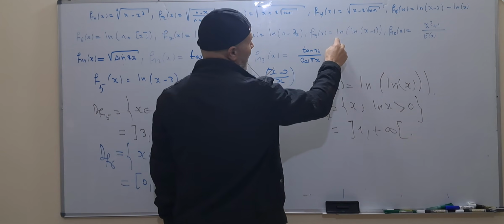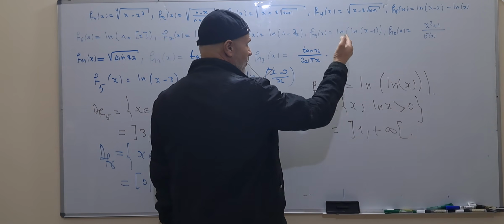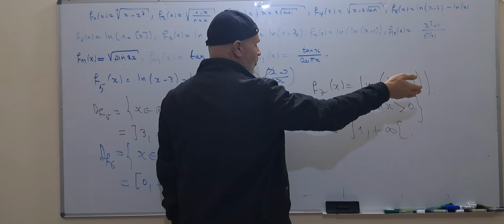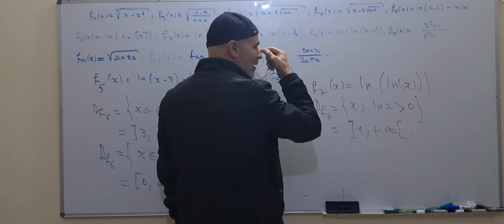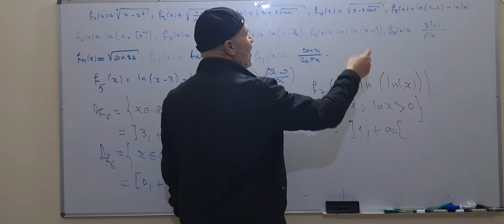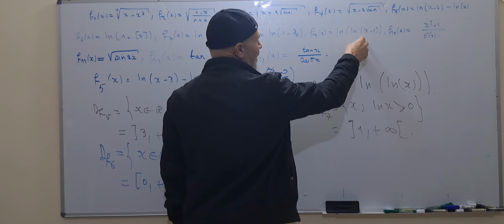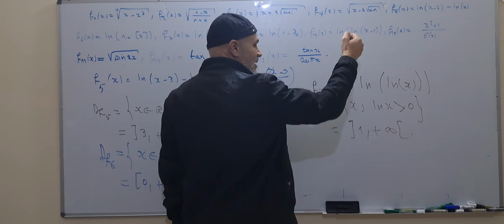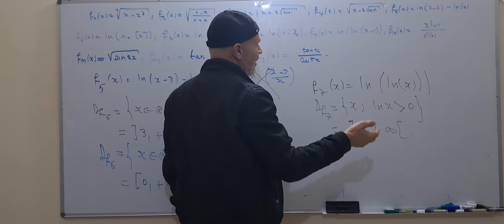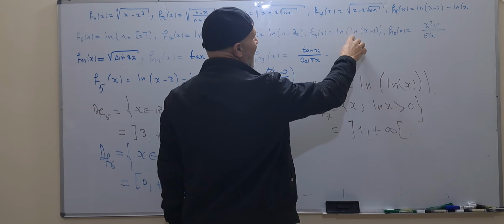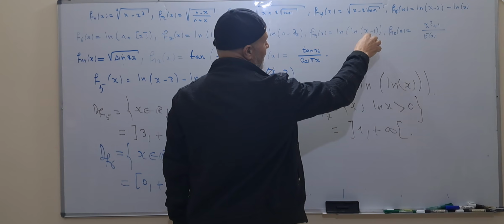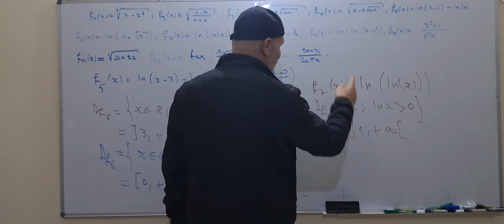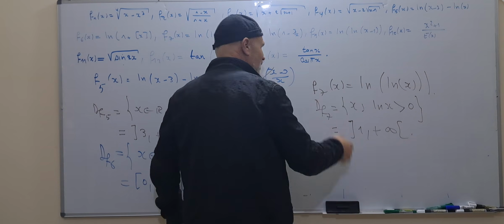Here we need ln x minus 1, so it makes sense if ln x minus 1 is strictly greater than 0. This means that x is strictly greater than 1, and then ln x minus 1 is strictly greater than 1, and so on. We can do it.